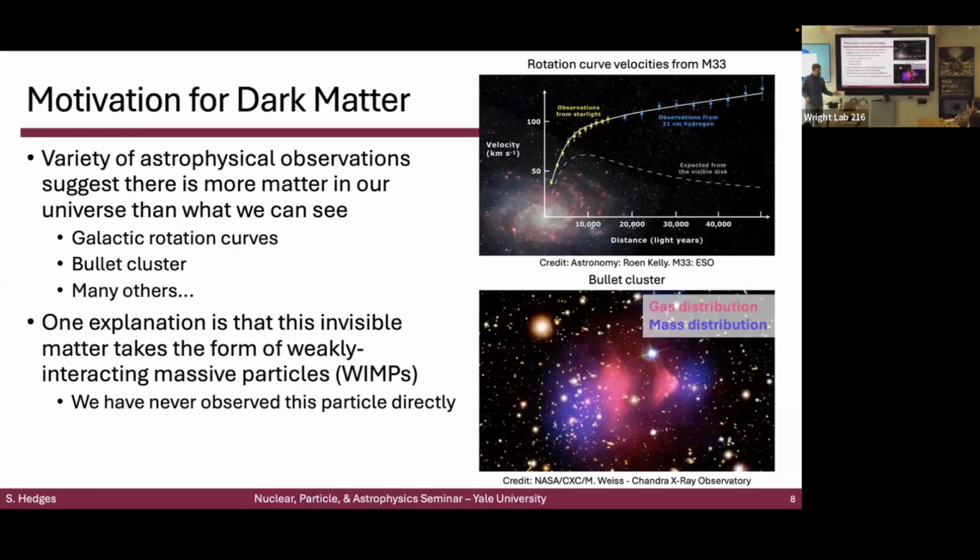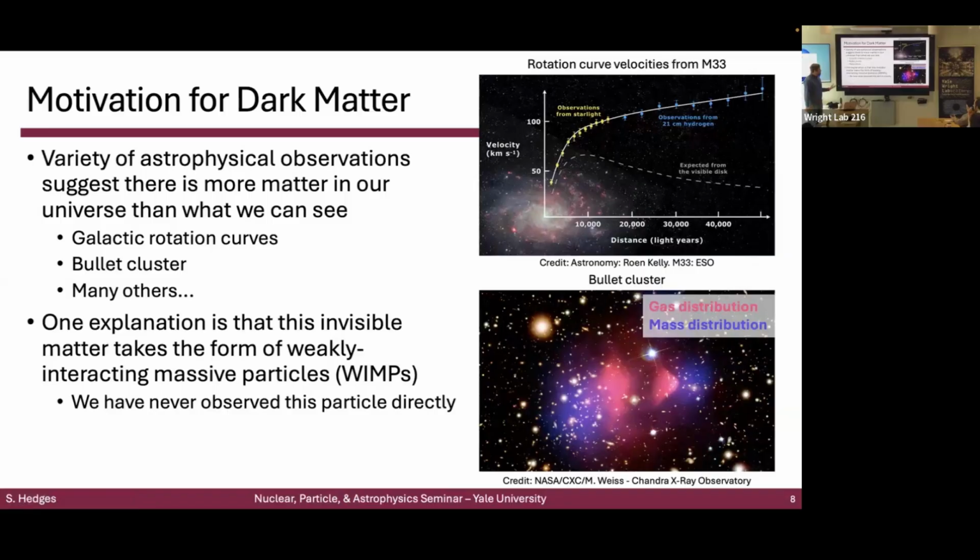So I think many people here are aware of dark matter. Just to give a brief overview, there's a variety of different astrophysical observations that suggest that there is additional matter present that we can't see. These come from things like galactic rotation curves, where you look at the distribution of speeds of stars as you go further out in the galaxy. And based on the visible mass, you expect this one distribution, but in reality, you see a different one.